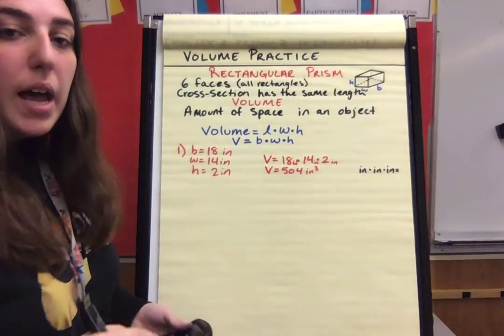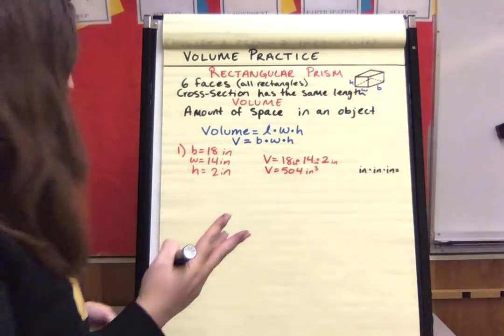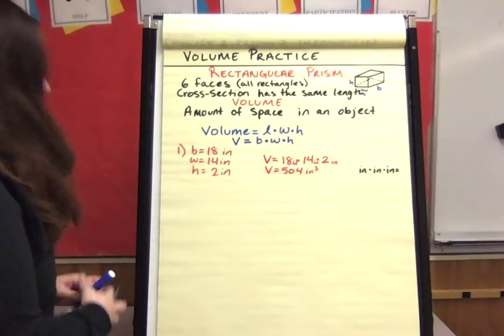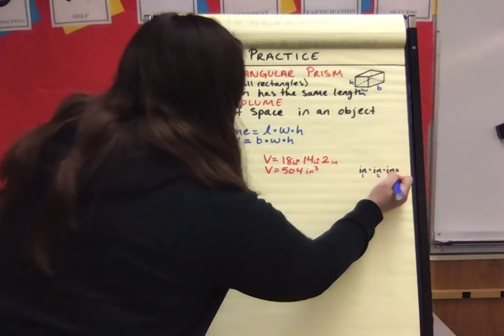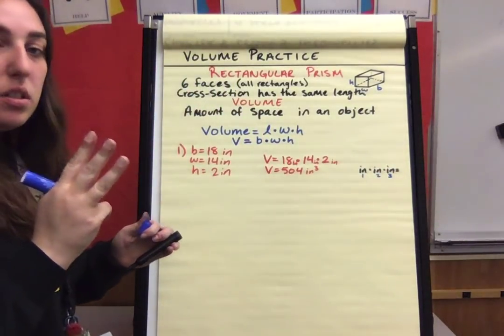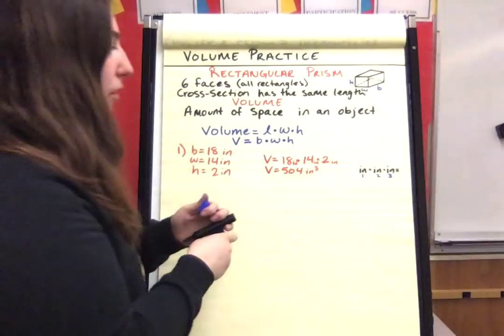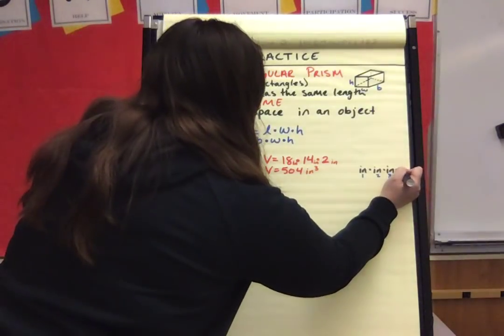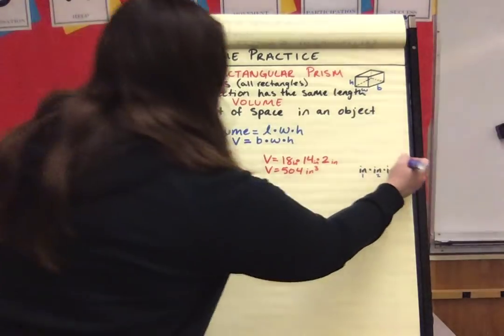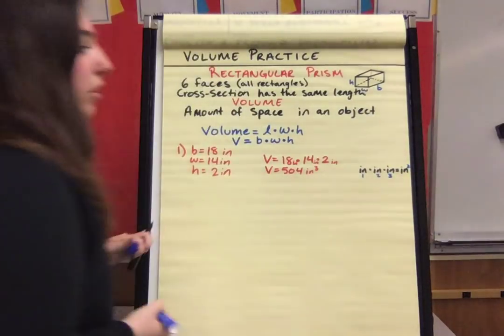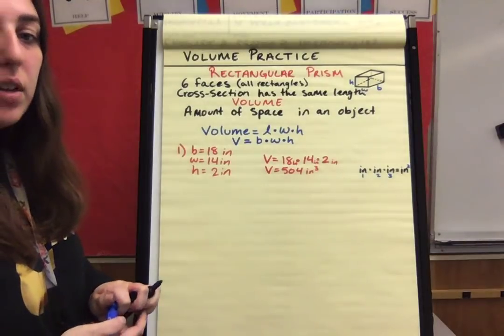So when I multiply inches times inches times inches, okay, I have 1, 2, 3 inches, there's 3 inches that are being multiplied by itself. So this has to do with the exponents lesson we learned about. It's going to be inches to the 3rd power, okay? That's why I have inches cubed.